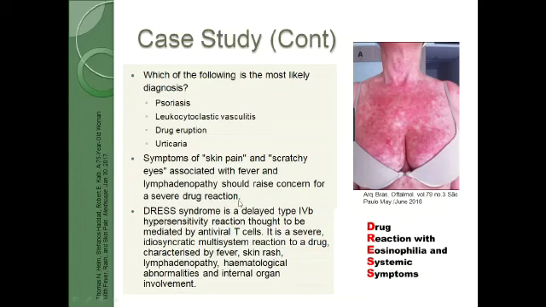So now what is important for you at phase 2 is: which of the following is the most likely diagnosis? So, if you had known these diseases and could make a differential diagnosis, you could have decided that symptoms of skin pain and scratchy eyes associated with fever and lymphadenopathy is indicative of a severe drug reaction.